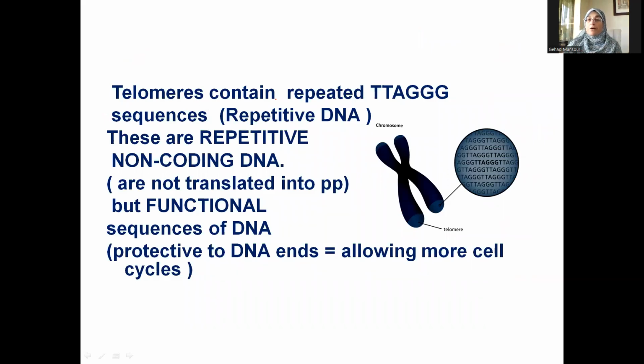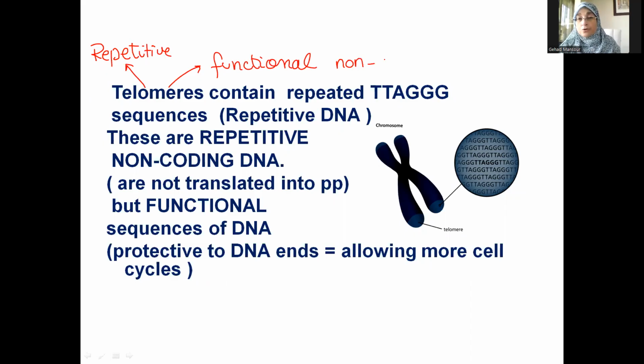So the telomeres are an example of repetitive DNA. The telomeres are an example of non-coding DNA, and the telomeres are an example of functional non-coding DNA. The longer the telomere is, the longer the age of the cell.